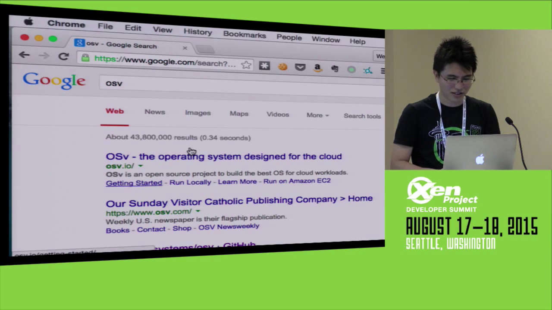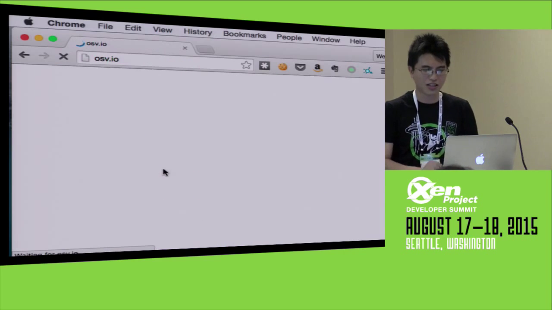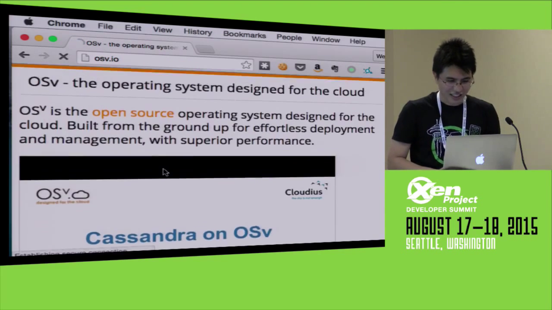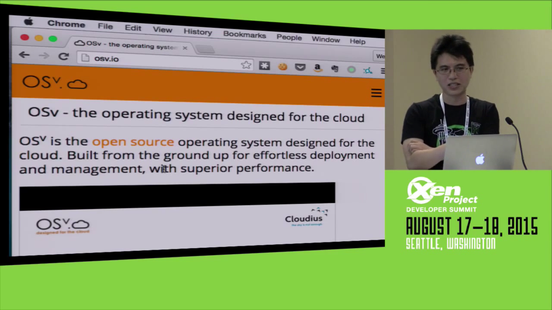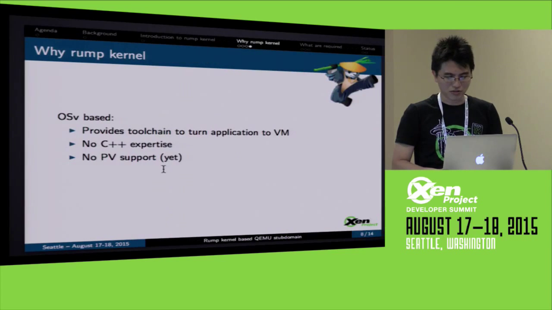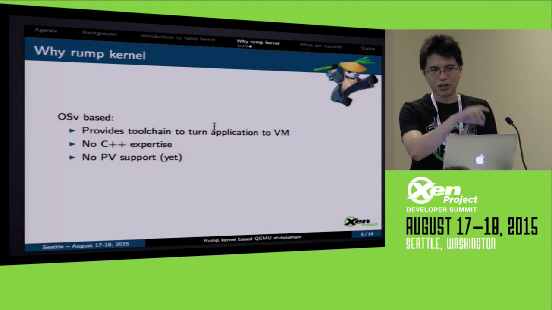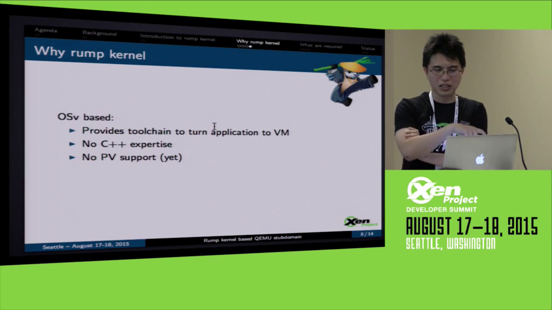Right, it's an operating system designed for the cloud. It's sort of like another unikernel solution, but it started with KVM support in the first place. They also provide toolchains to build your application into a VM.